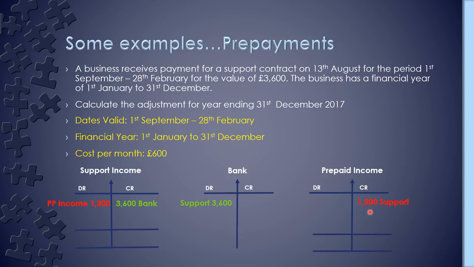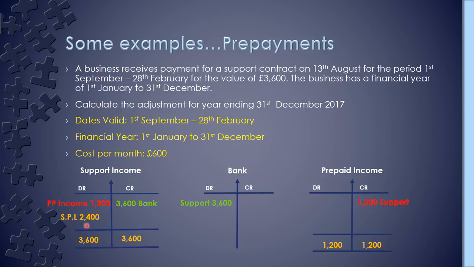So let's then have a look at closing off the accounts and moving it into the year-end statements. So first of all, our income account here. We're going to balance it off so we can see our total is 3,600. And our prepaid income account, our total is 1,200.